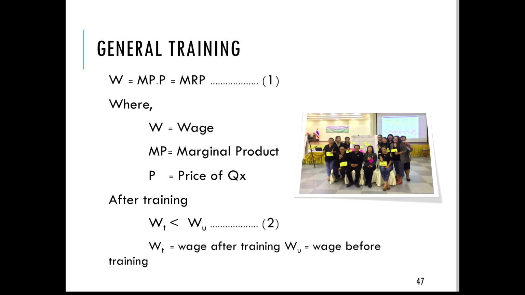We see that the wage W is equal to MPL multiplied by P, or MRPL, where W stands for wage, MP is marginal product, and P is the price of the output. After training, the wage from training is less than the wage from untrained. Why?